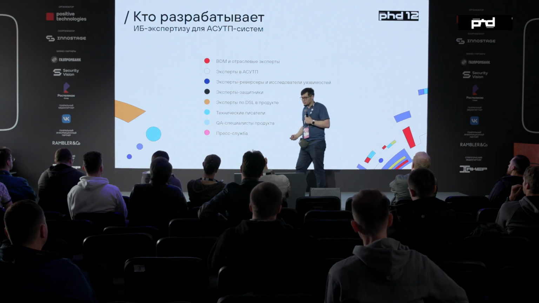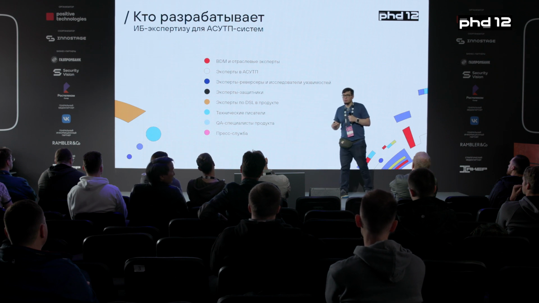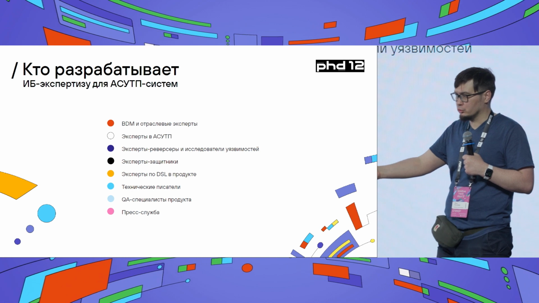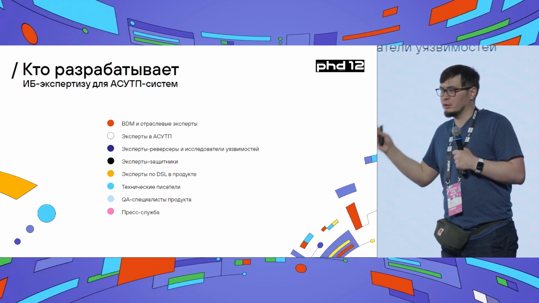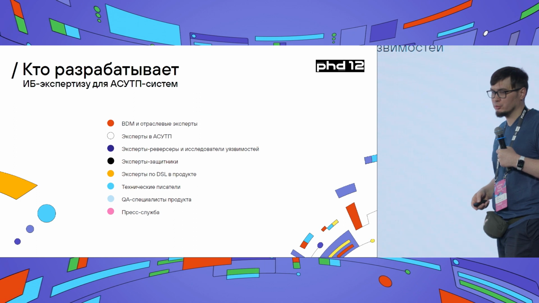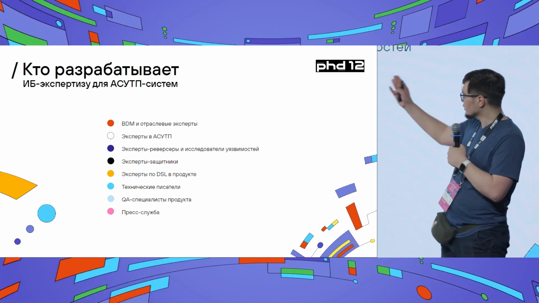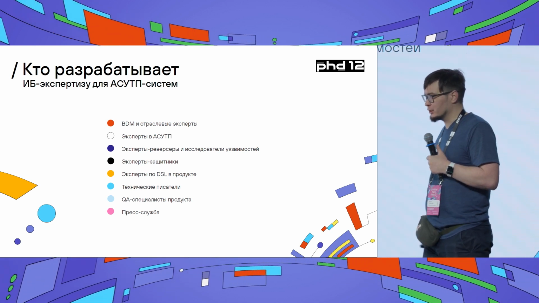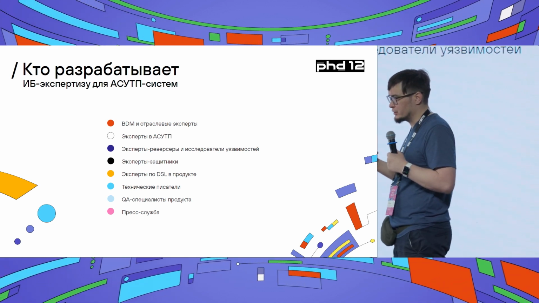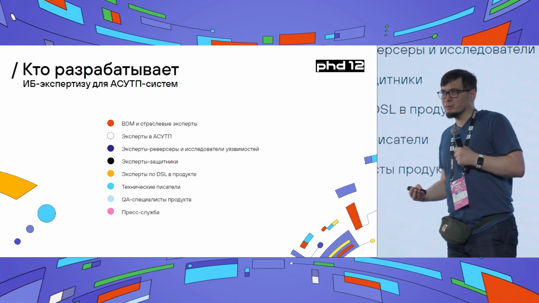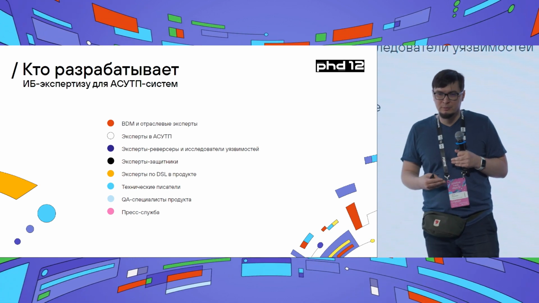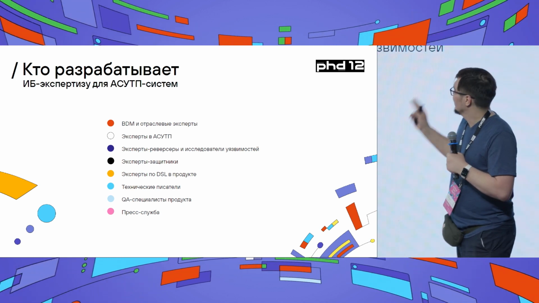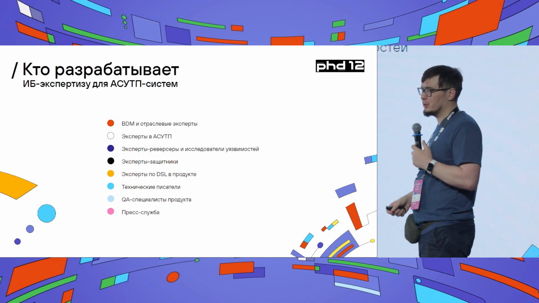ICS experts, they developed a lot of things before. They realize how the system is working. They know how ICS Siemens works, how Yokogawa works, how the infrastructure works. Reversers and vulnerability researchers. If you get a laboratory stand with a certain system and nobody learned it before, it takes a week, a month, and even more.